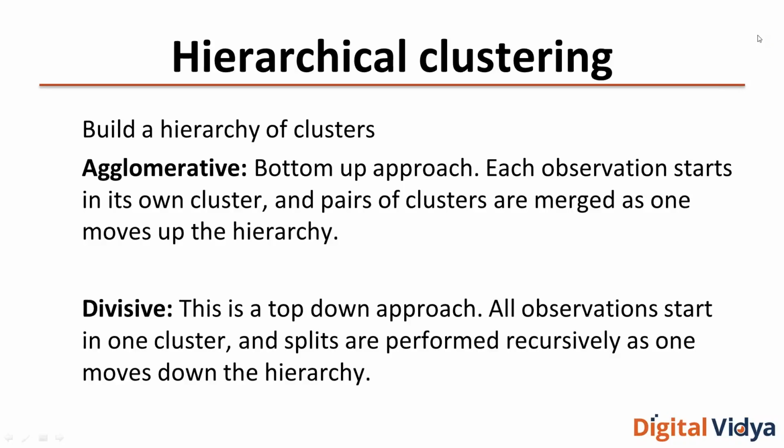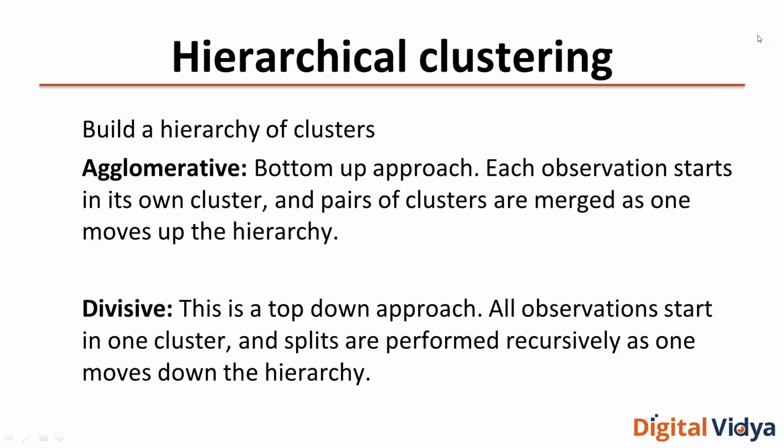So it has two parts. One is called the bottom-up approach, another is called the top-down approach. The bottom-up approach is called agglomerative, and the top-down approach is called divisive. As the name suggests, it's very easy to understand. So the bottom-up approach is what?